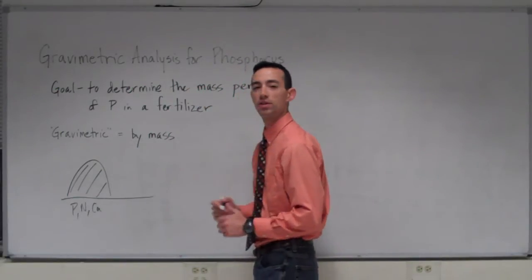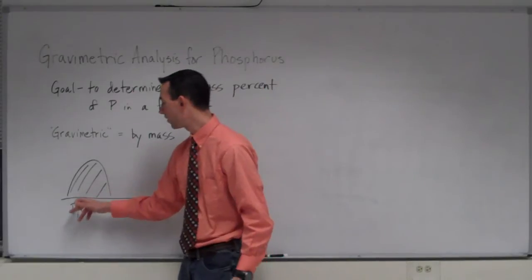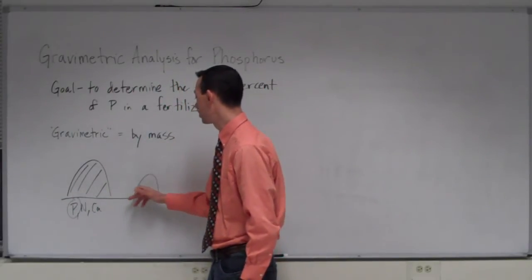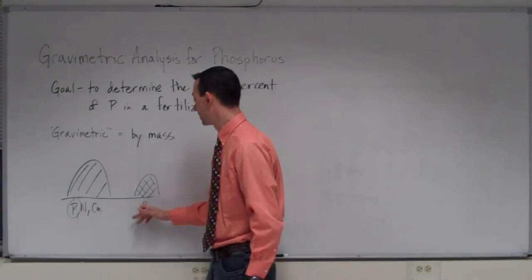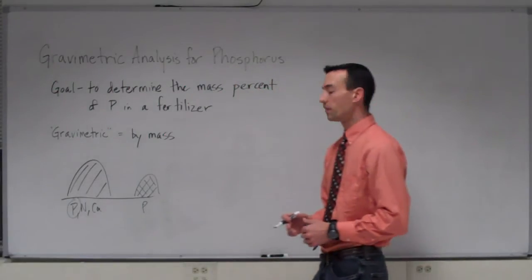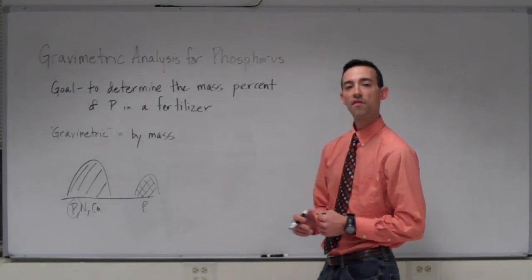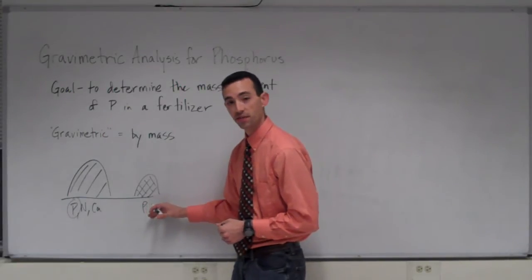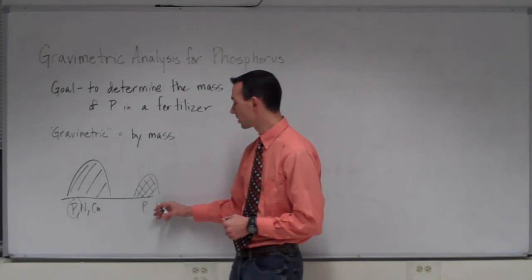And we literally want to extract or pull out the phosphorus from this pile and put it into a different compound over here. In this second compound, we'll know very carefully the formula of the phosphorus. It will not be only phosphorus, it'll be part of this other compound.